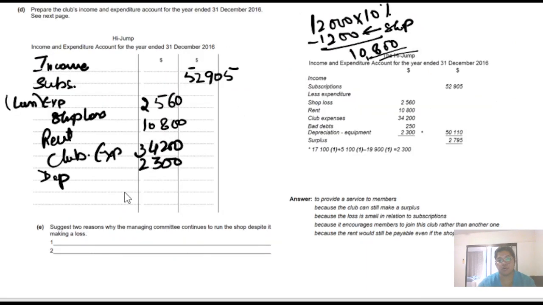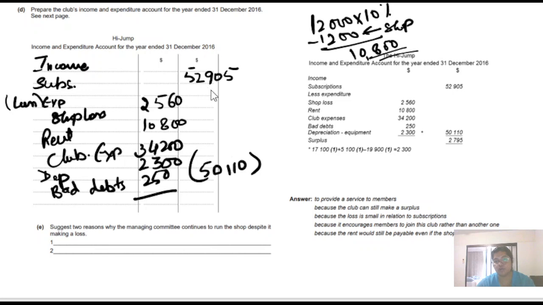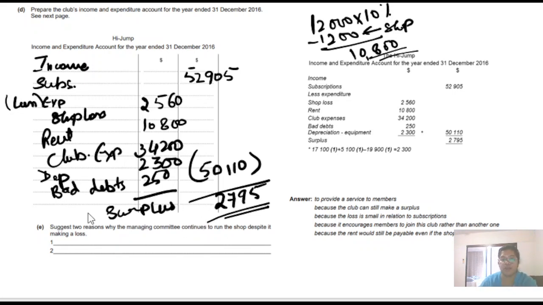Here bad debts 250. So total expenditure you are having 50,110. So you have to deduct it from your income, and it is clearly shown that there is a surplus. Okay, surplus of 2795. So this is how you're going to prepare the income and expenditure account.